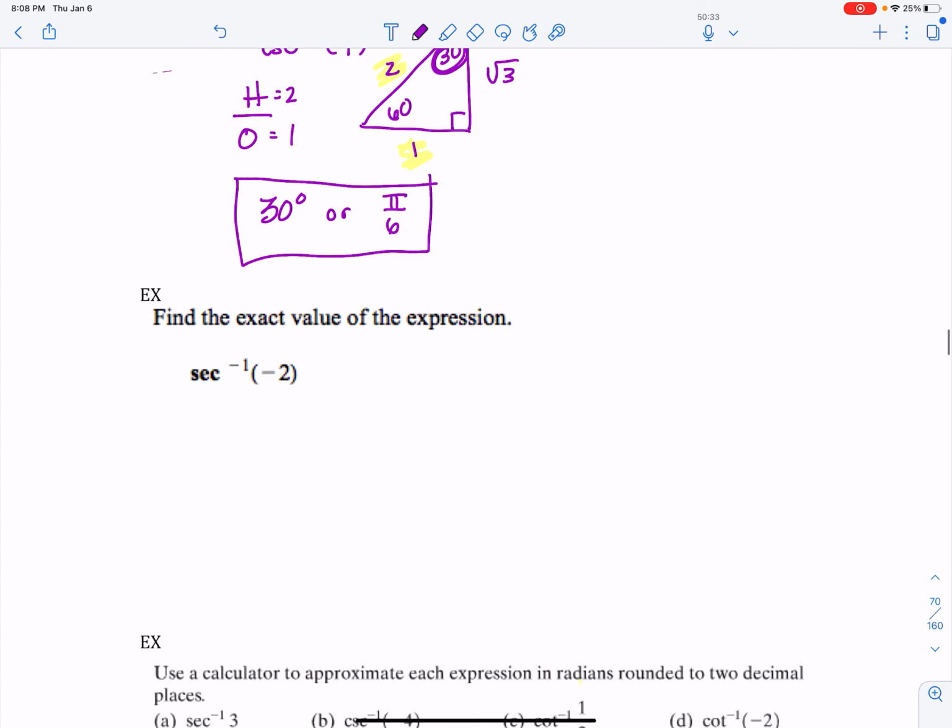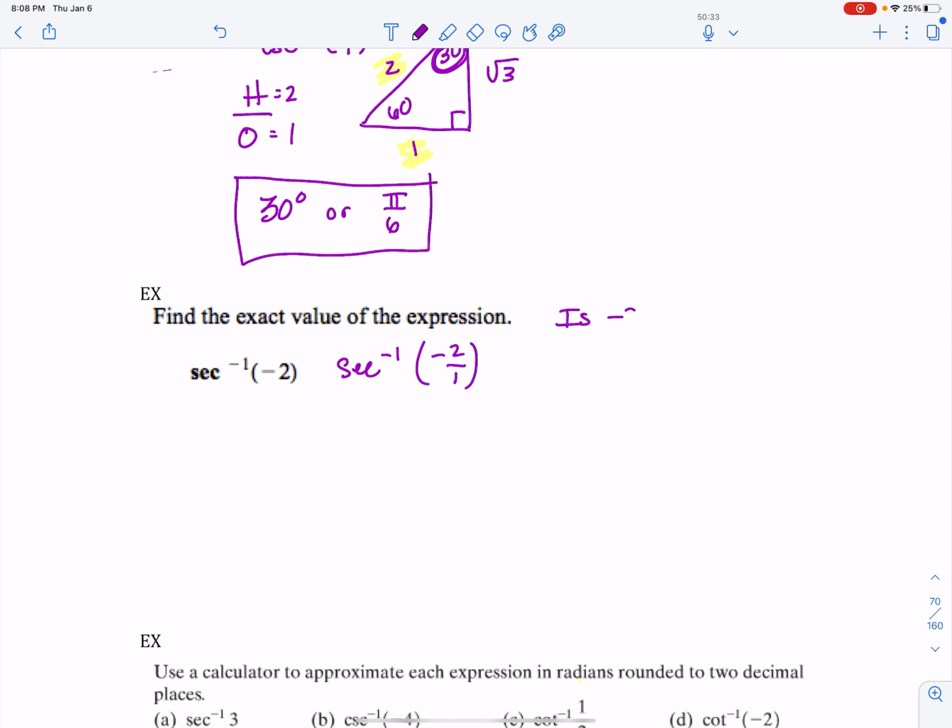Let's look at the second one. Find the exact value of the expression inverse secant of negative 2. So once again, I'm going to rewrite this as negative 2 over 1. First question is, is negative 2 in the domain?